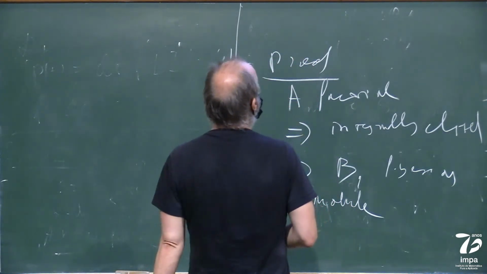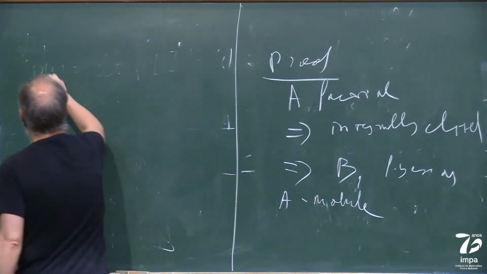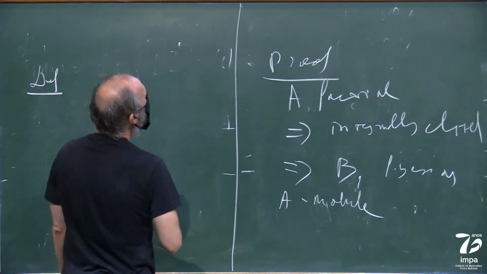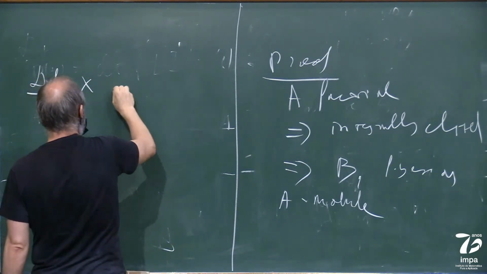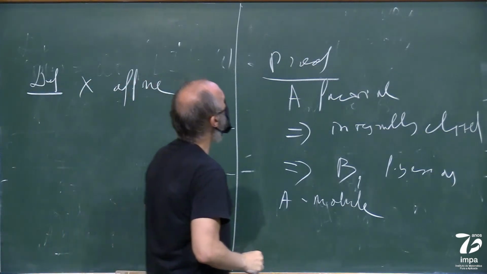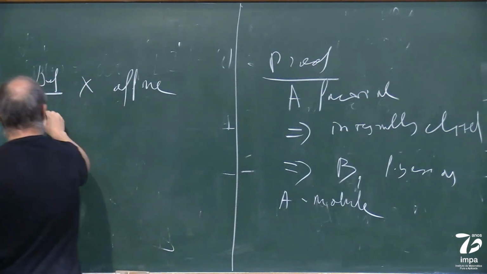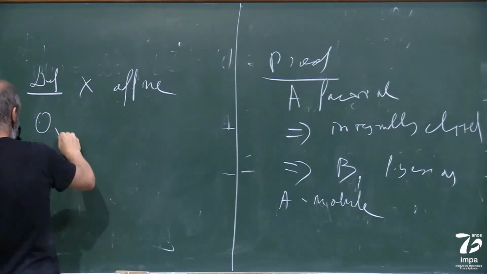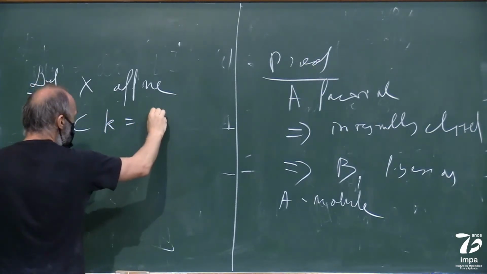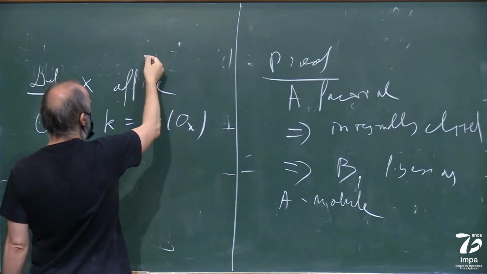Okay, now we can define normalization. Definition. Suppose you have an affine variety, and suppose that O_X sits in K, which is K of O_X, its fraction field, affine irreducible.